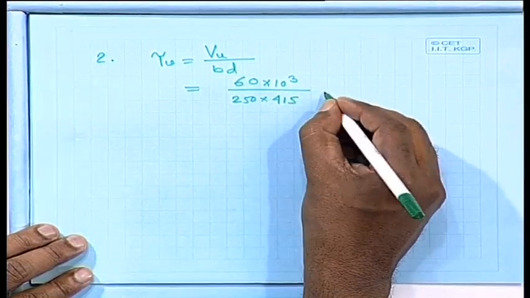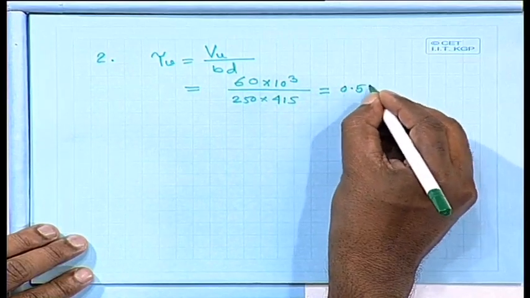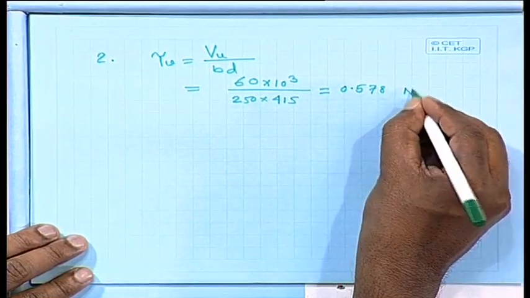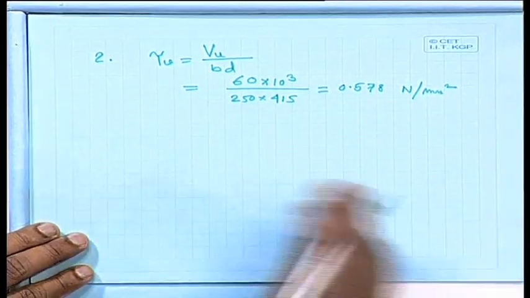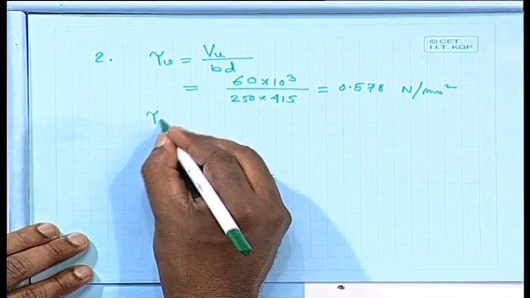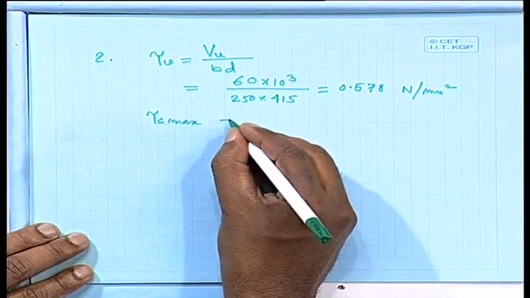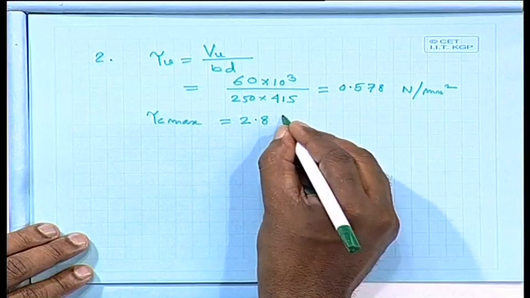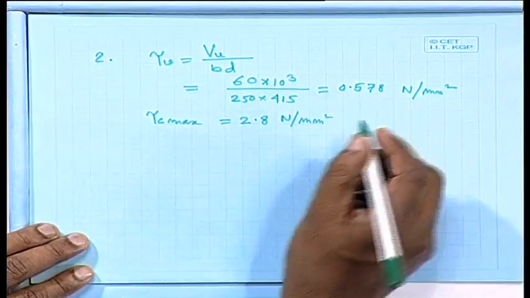This 415 is the effective depth, please note, not the one for the steel, 0.578 Newton per square millimeter. Tau C max from table 20 of IS 456 2000, which comes as 2.8 Newton per square millimeter, less than tau C max.